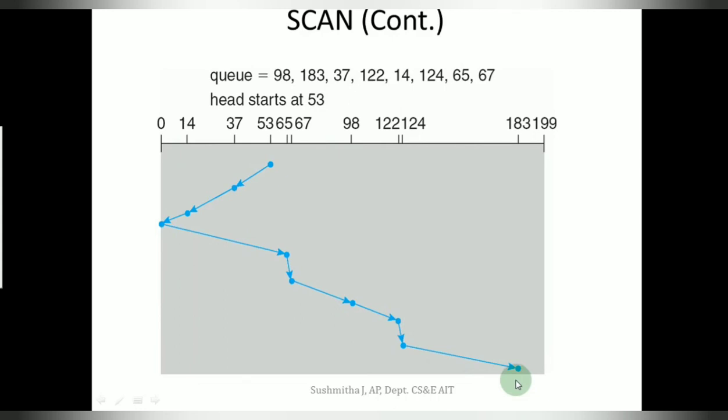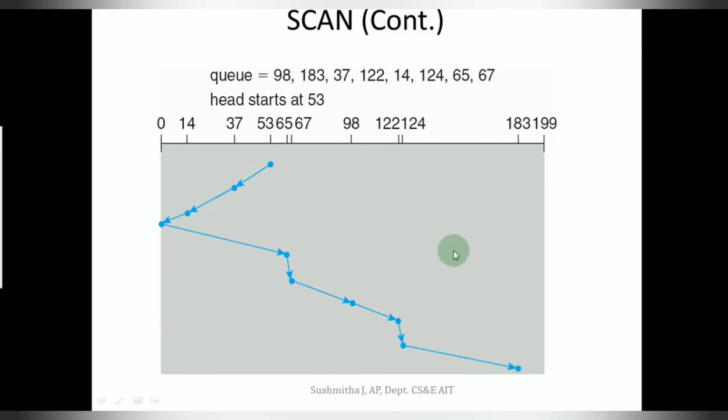So scan works like the elevator algorithm, where it is moving forward and backward. Before we apply the scan algorithm, we need to know the current direction of the head movement as well, whether the head is moving towards 0 or towards 99.